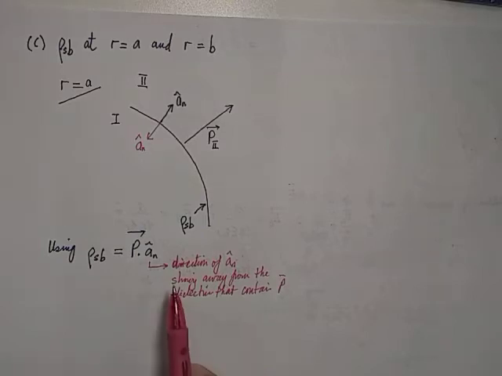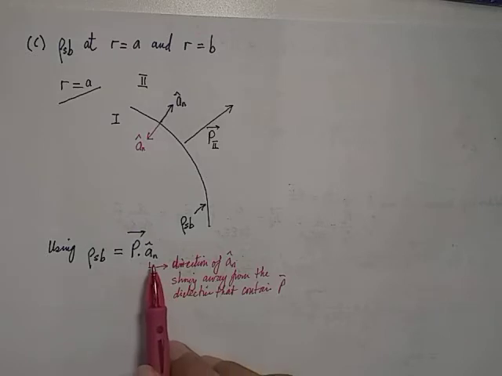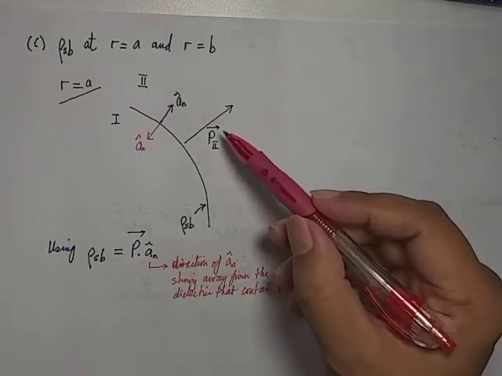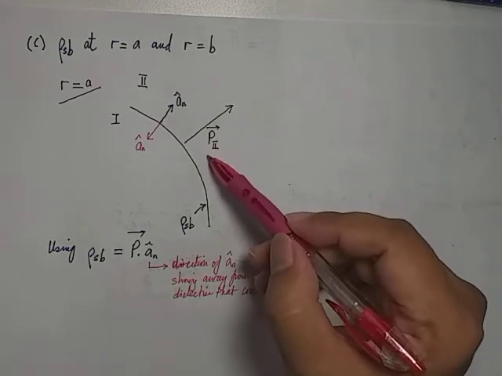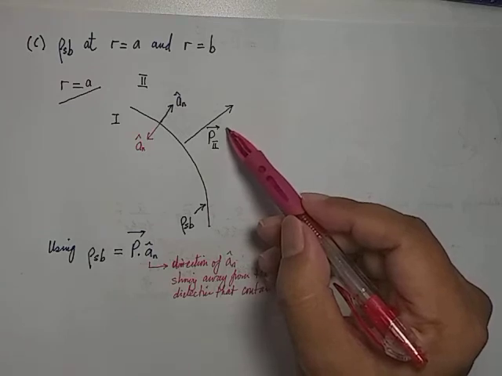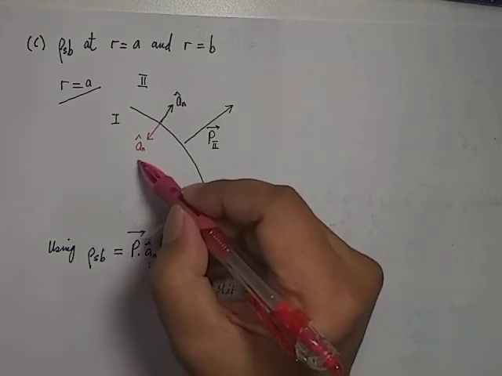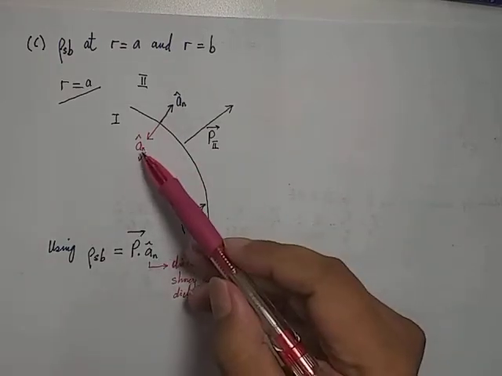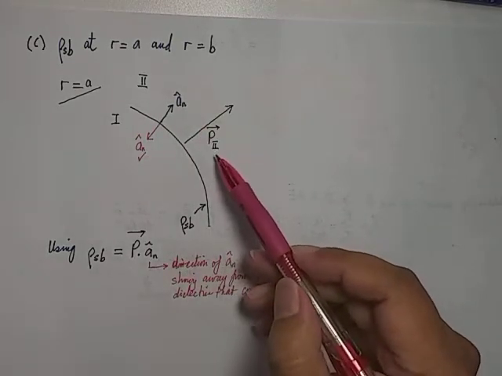Again I'm repeating, AN is selected based on this definition. The direction of a unit vector must be in the direction showing away from the dielectric medium that contains the polarization vector. So in this particular diagram, the region of dielectric that contains the polarization vector is this particular region. Therefore, the unit vector that I'm going to choose for this substitution is this one. Why? It's showing away from the dielectric that contains the polarization vector.